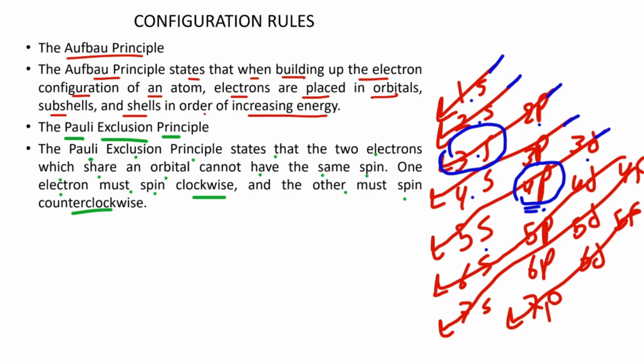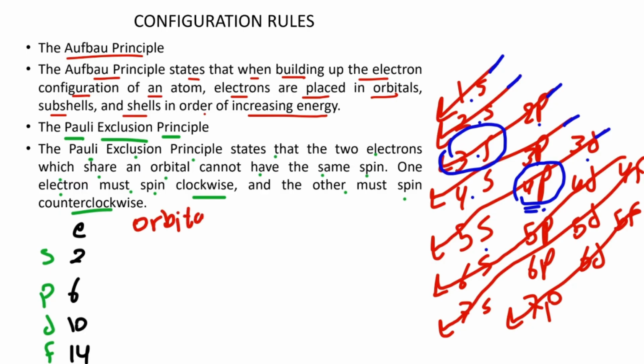Now, we have studied that we have subshells called s and p and d and f. Each one of these subshells holds electrons. We said that s can hold 2, p can hold 6, d can hold 10, and f can hold 14. As well, we have something called orbitals.